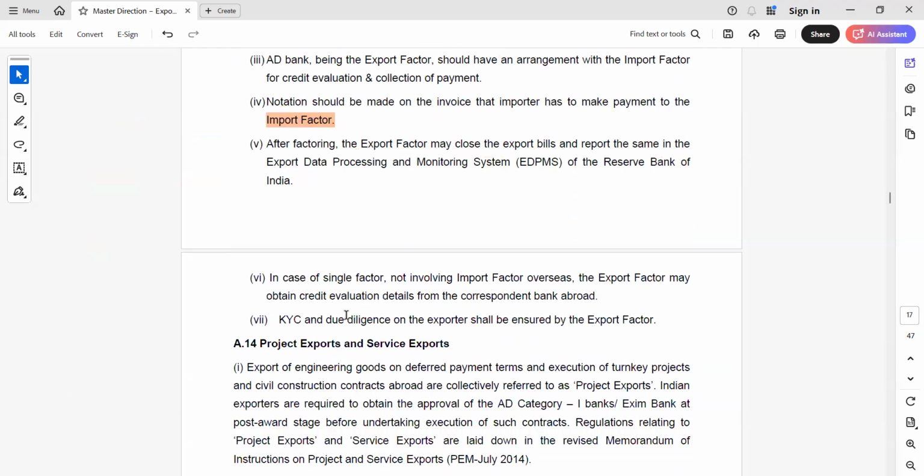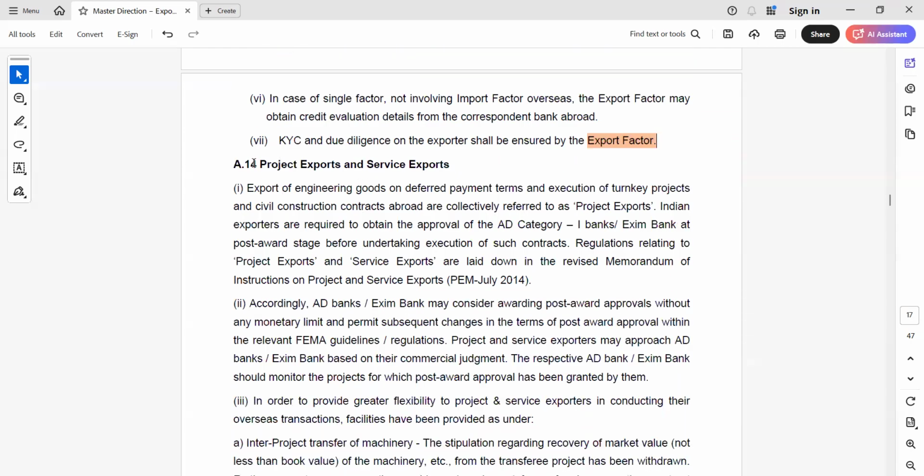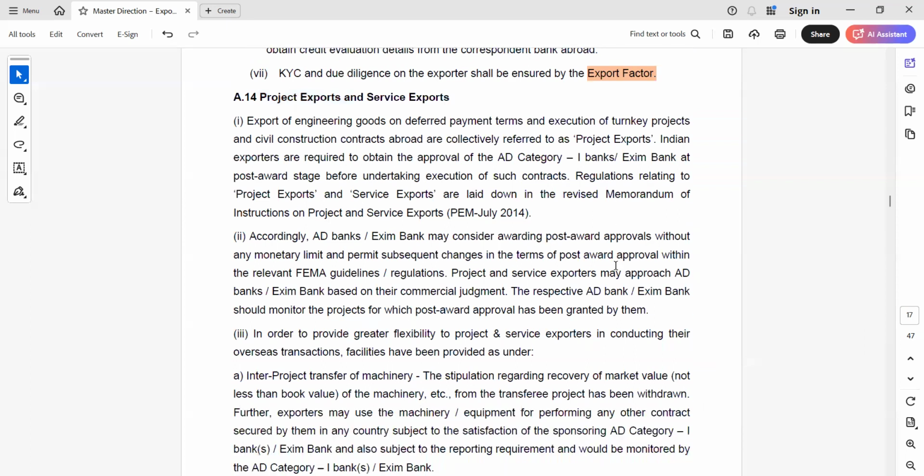In case of a single factor not involving an import factor overseas, the export factor may obtain credit evaluation details from the correspondent bank. KYC and due diligence on the exporter shall be ensured by the export factor. The export factor is the bank. Now, project export and service export. This is related to projects.